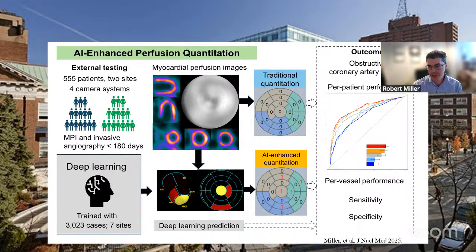If deep learning said that there was a low risk of coronary disease in a coronary distribution, it would sequentially decrease the TPD scores until it reached a certain threshold. Similarly, if it thought there was a high risk of coronary disease, it would sequentially increase the scores until it hit a certain threshold. So it's a way of using the deep learning predictions to derive scores, but also keeping it within the confines of what software would typically be able to do.